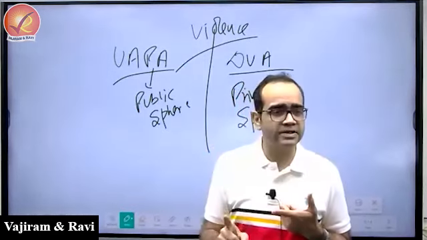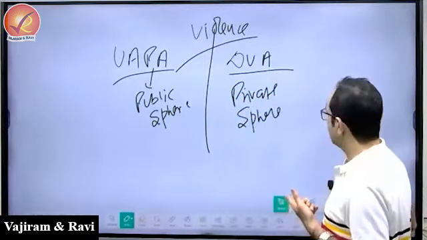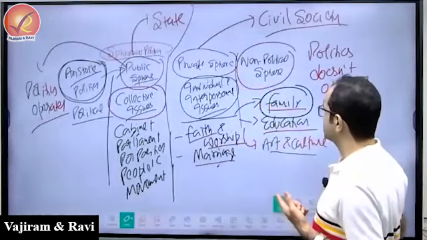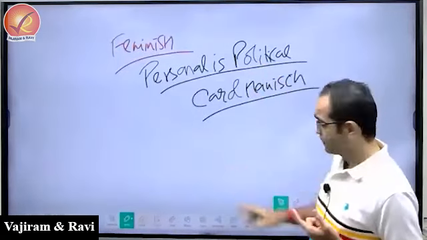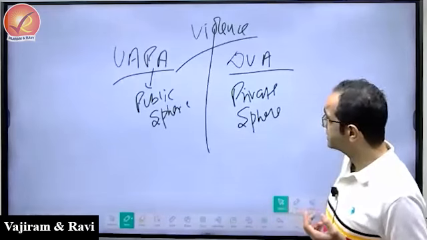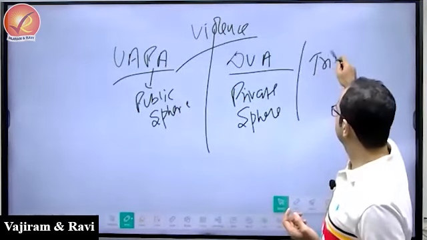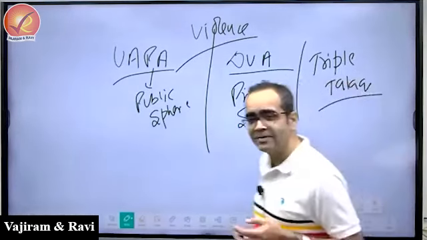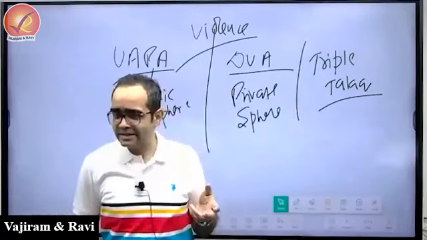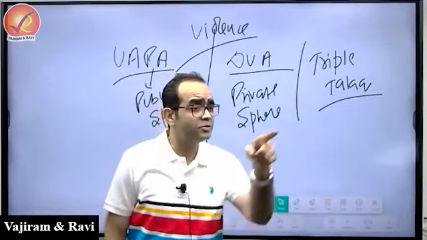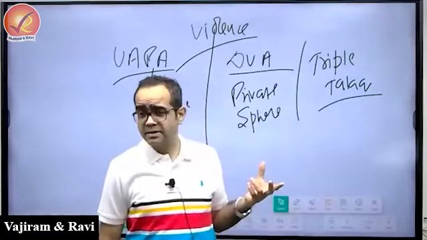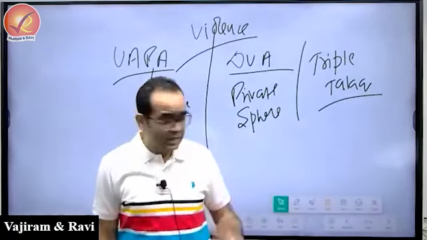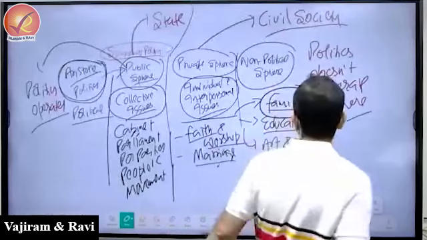When I teach you feminism, I said this slogan was given by Carol Hanisch: personal is political. And Sash has given the example of triple talaq. What is triple talaq? Does it govern the marriage relation? Yes. So does the state also interfere in the personal sphere or not? Yes. Personal is political.